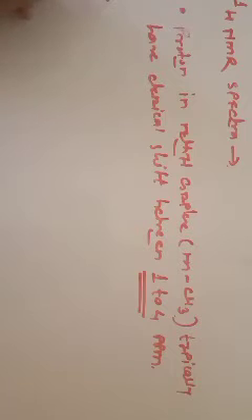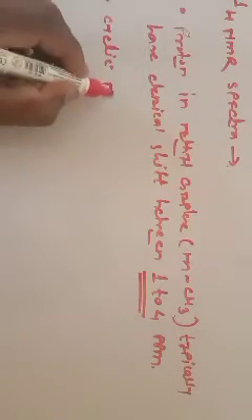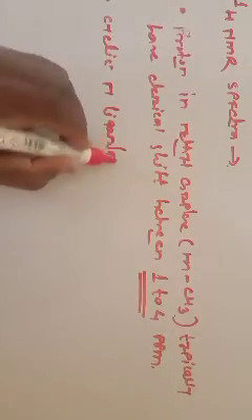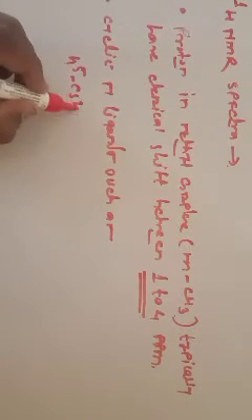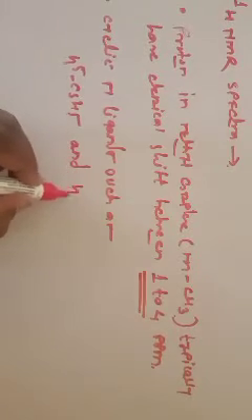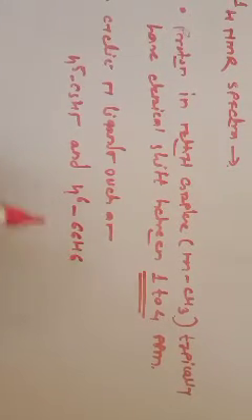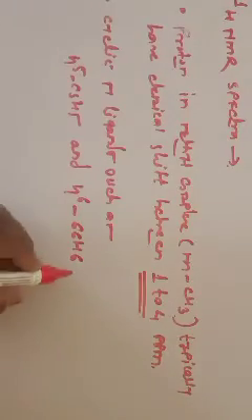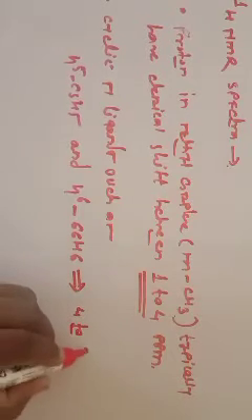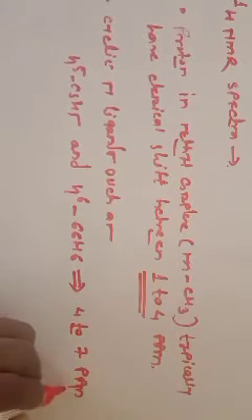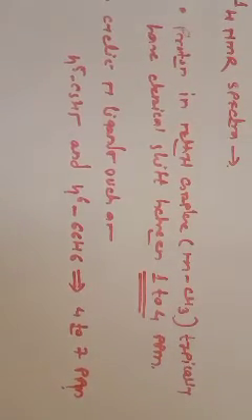Again, consider the cyclic pi ligands such as eta 5 C5H5 and eta 6 C6H6; their chemical shift values lie between 4 to 7 ppm. So these are some important ligands.